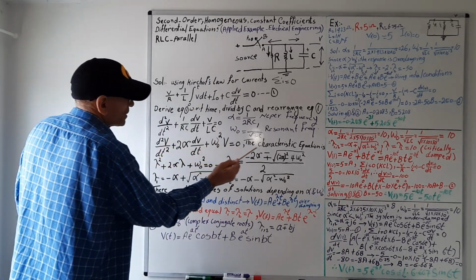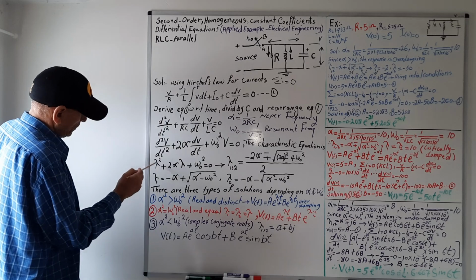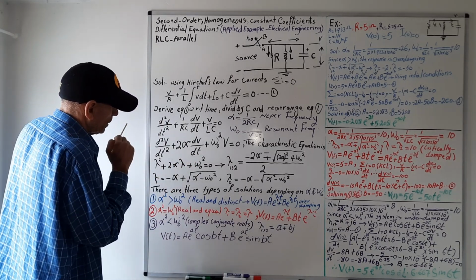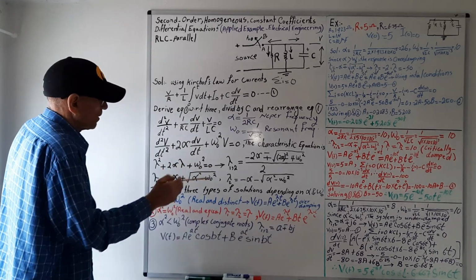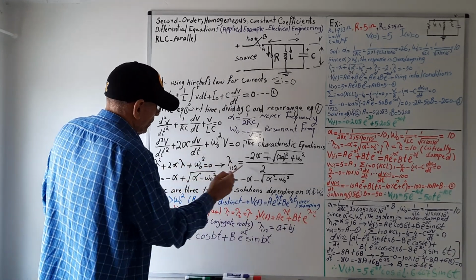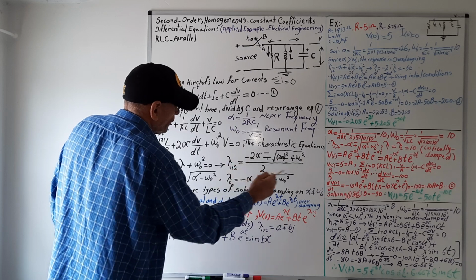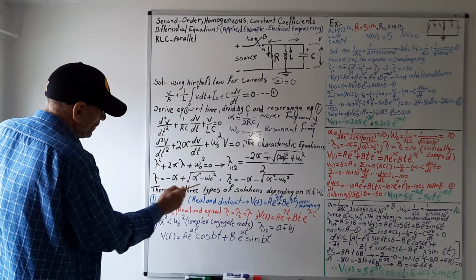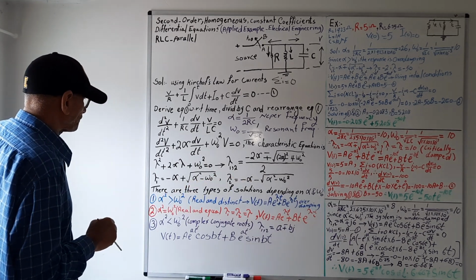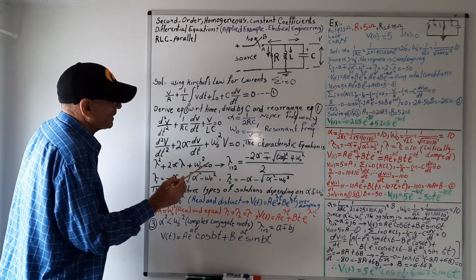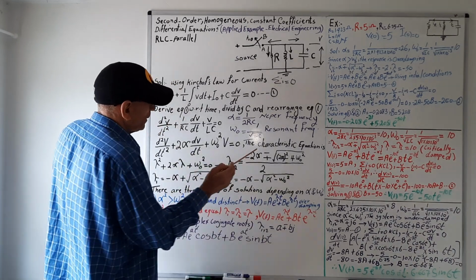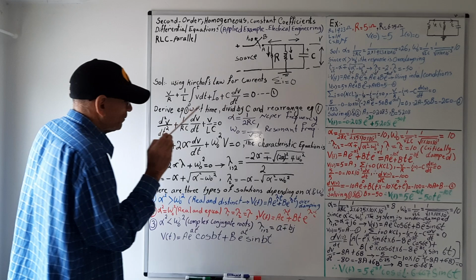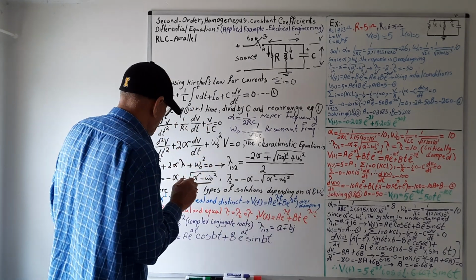We find the characteristic equation: lambda squared plus 2 alpha lambda plus omega naught squared equals 0. Then the roots, this is the formula of the roots. This is lambda 1 and this is lambda 2. We have three cases depending on alpha and omega naught, and for every case we have a solution.